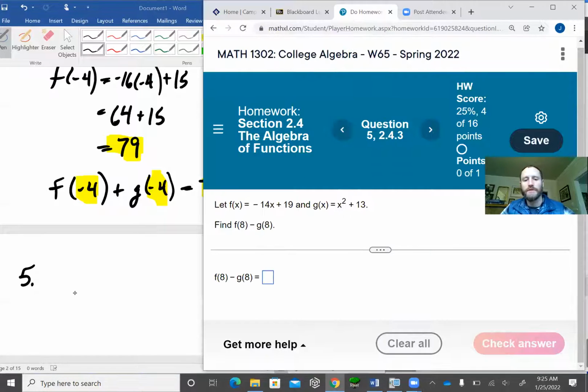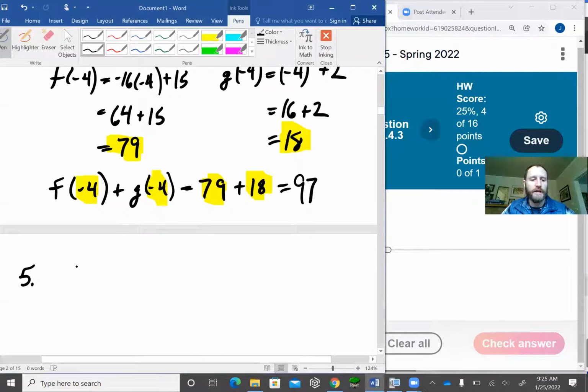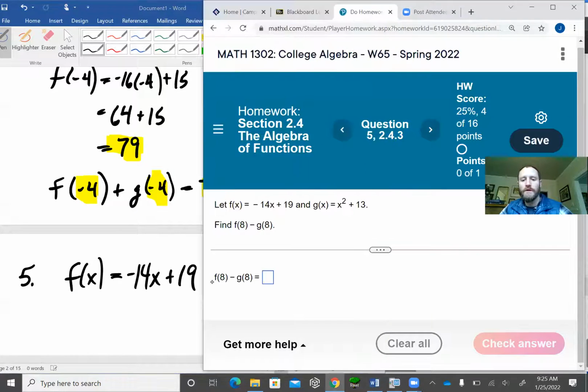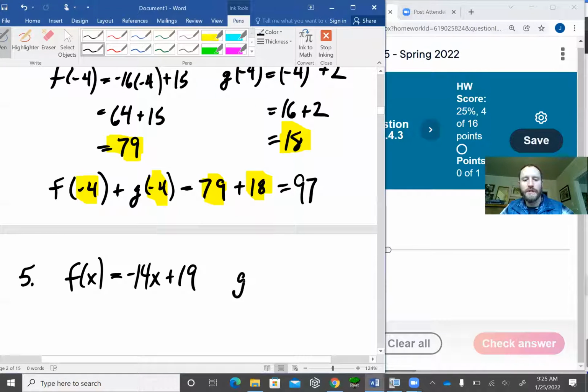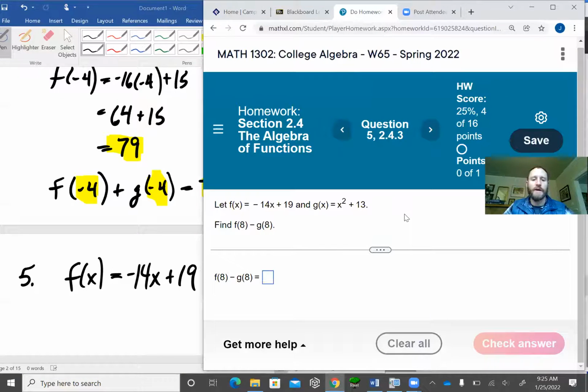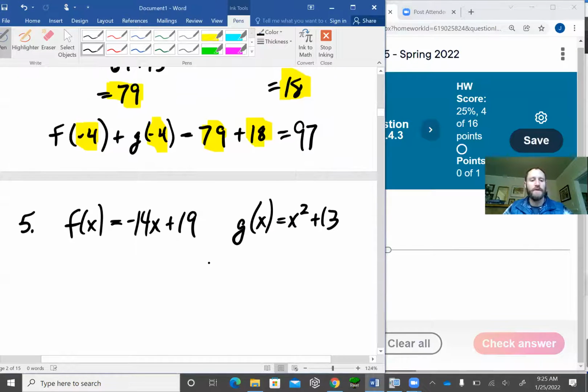Okay, so here, let's write them down. f of x is negative 14x plus 19. g of x is x squared plus 13. And we're finding a difference this time, f of 8 minus g of 8.